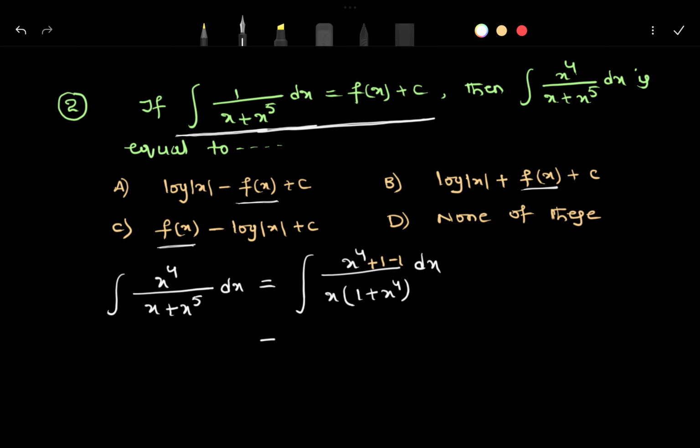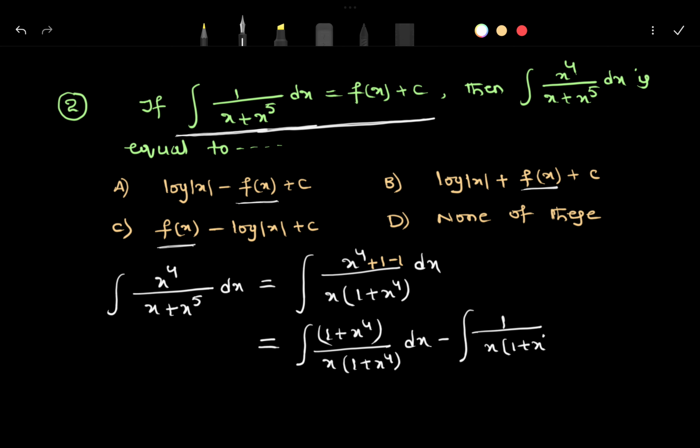So now you can write this value as integration of 1 plus x to the power of 4, which you consider as one term, whole divided by x into 1 plus x to the power of 4 into dx, minus integration of 1 by x into 1 plus x to the power of 4 into dx.